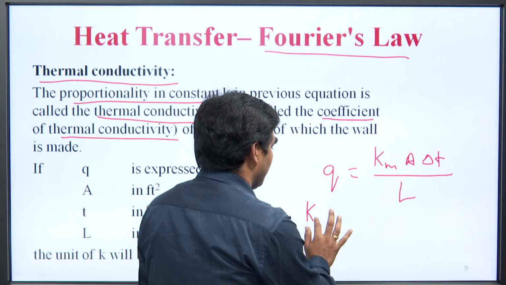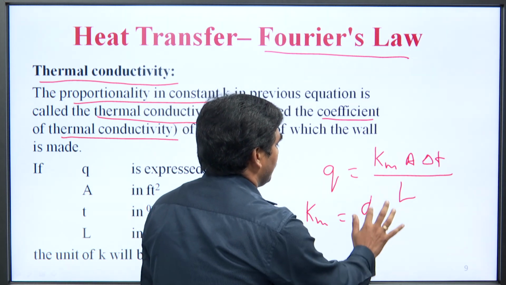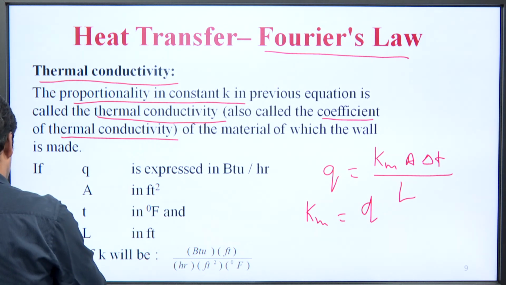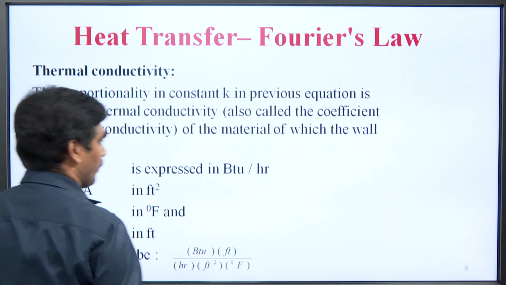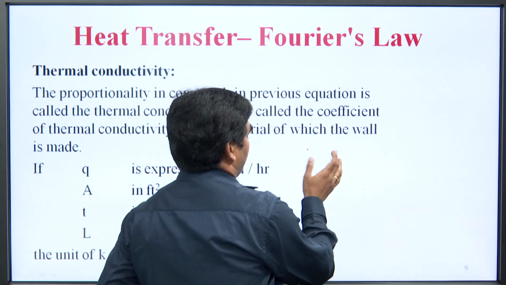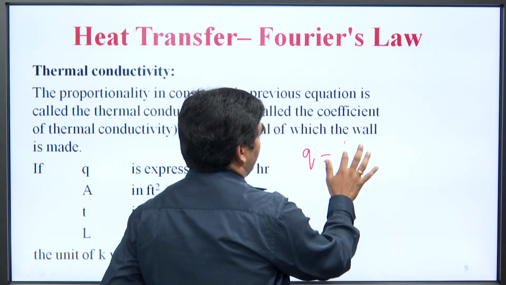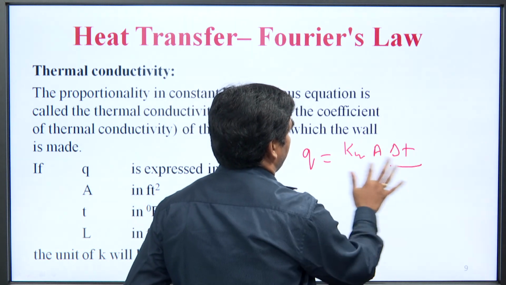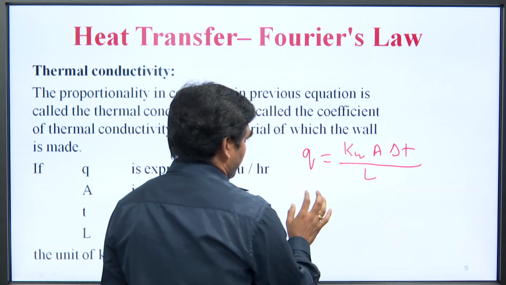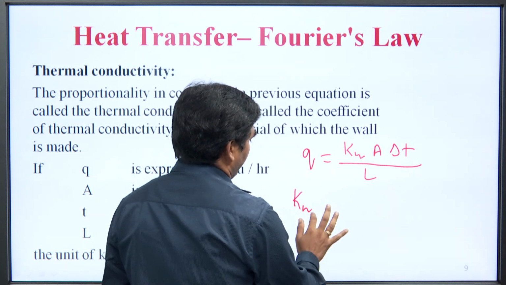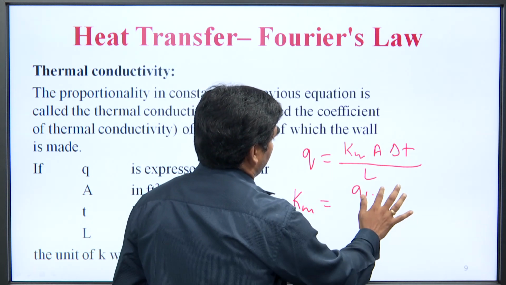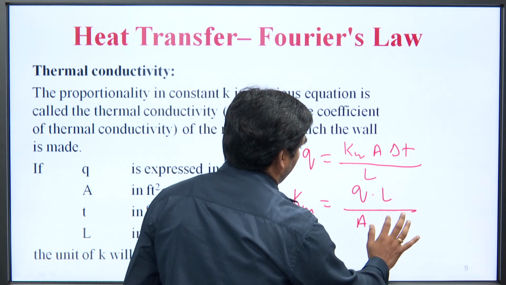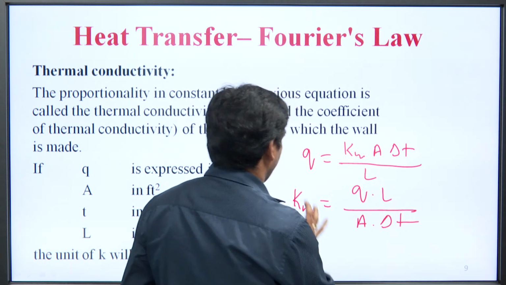From here, Q is equal to Km A delta T upon L, so Km will be equal to Q into L upon A delta T.